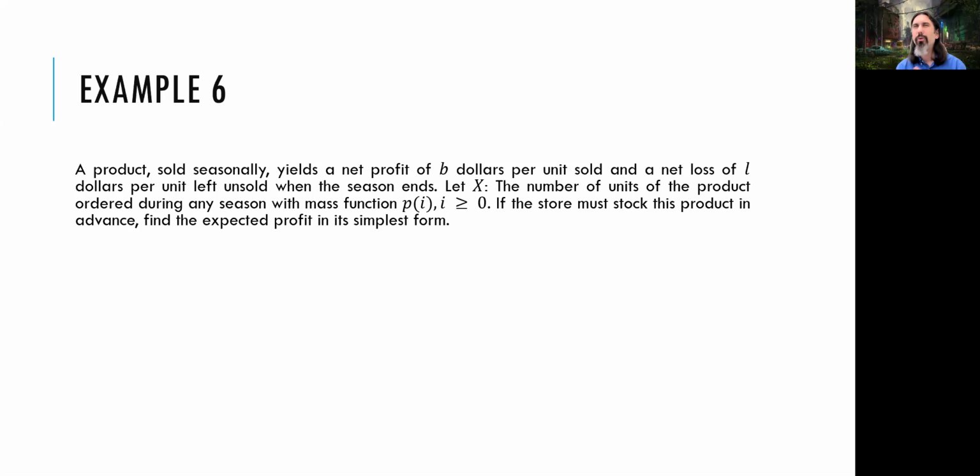Expected profit. I have a demand here, which is X, and I have to stock something, which I'm going to call S. I have to pick the amount of S so that I know how much profit I can make.